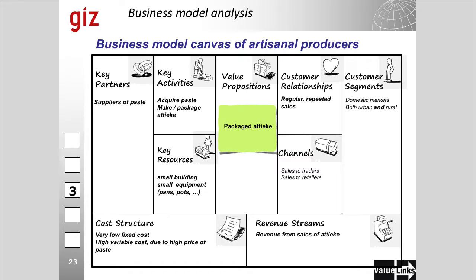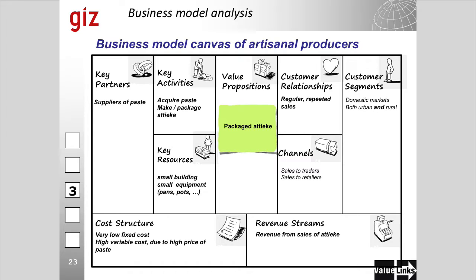As far as I know, not much direct sales, maybe in the villages where those artisanal producers are located. Cost structure: very low fixed cost, but high variable cost due to the high price of paste, and the revenue from sales of Attiéké.